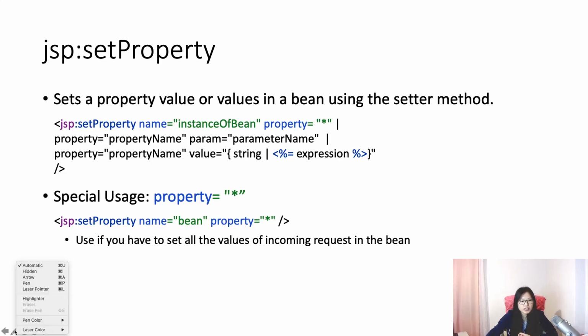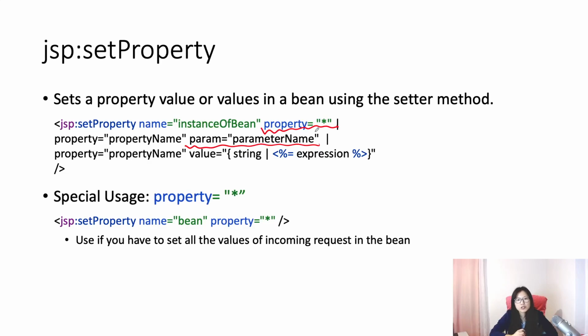There's a special thing you can do in setProperty, which is property wildcard, and param. Those will be used when we want to get the values from the incoming request, not the attribute. It should be from the request parameters.